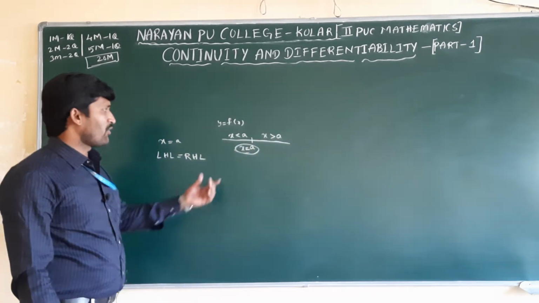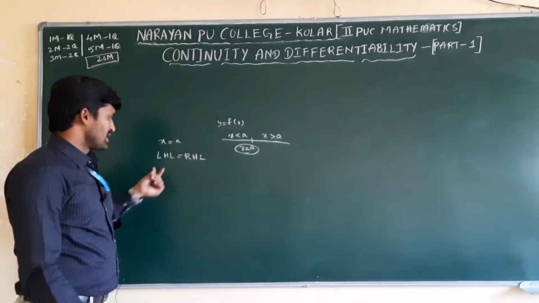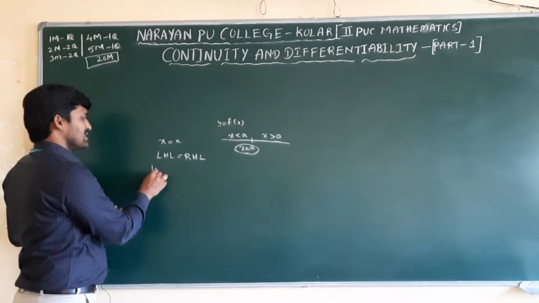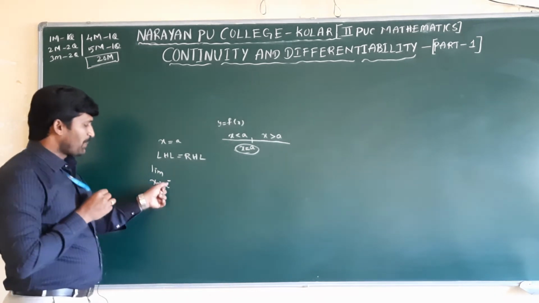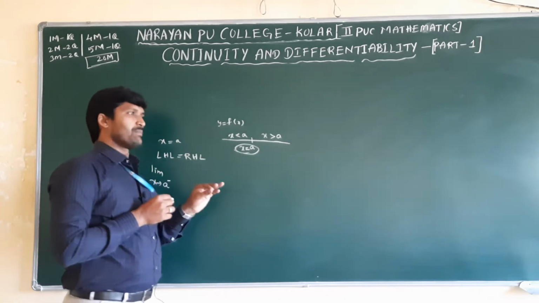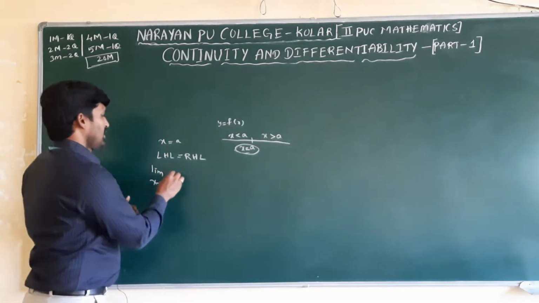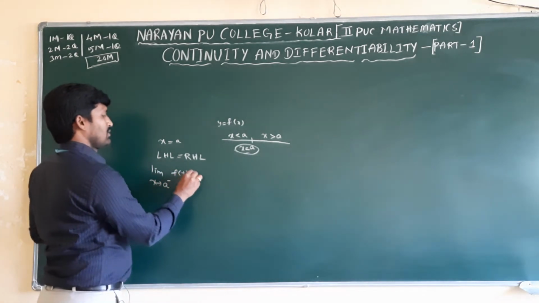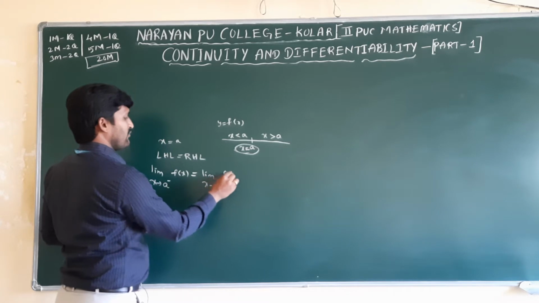For the left side, for all values of x, we find the limit value; that is called LHL, and we represent it like this: limit x tends to a minus. That minus power represents that the value of x is less than a, not minus a; we need to take f of x. Now RHL means limit x tends to a plus f of x.